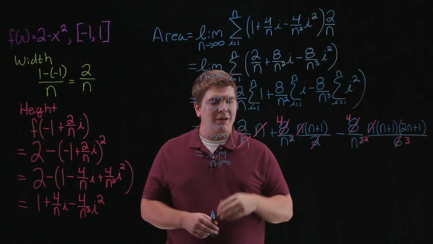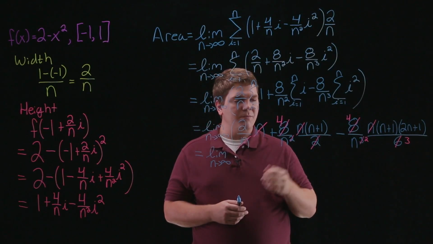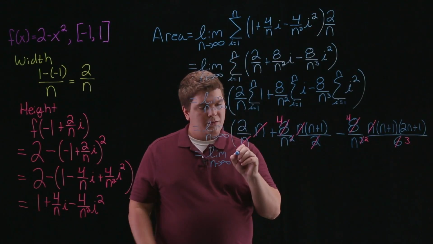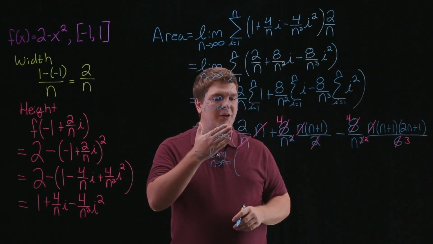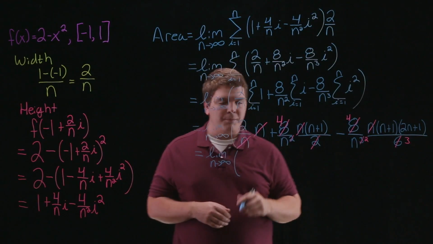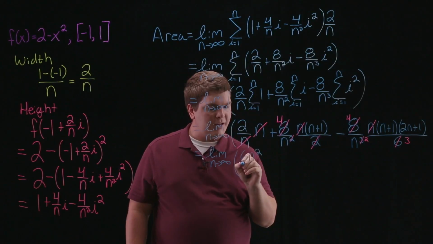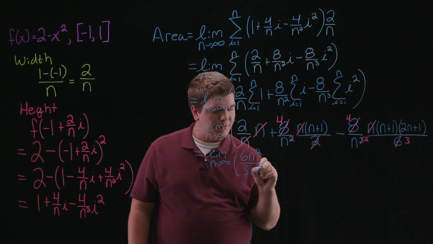So let's multiply and divide each of our terms so that we can get a common denominator of 3n squared. Here we just have a 2, so we're going to multiply the numerator and denominator by a 3n squared. So this will give us a 6n squared divided by a 3n squared.